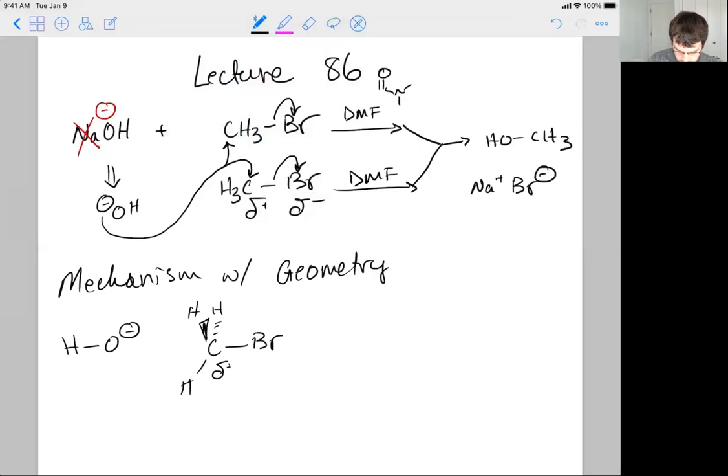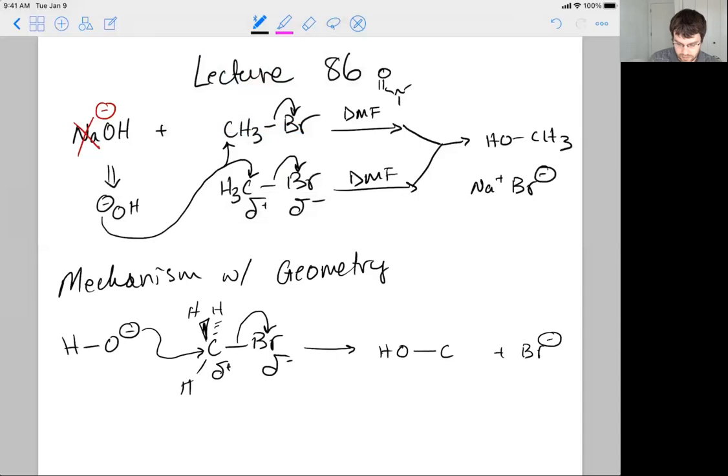Now, the reason why this is helpful is it allows us to see how the reaction's actually proceeding. What's happening here is the OH is attacking the carbon from the opposite trajectory to the one the bromine is leaving from. And as a result, we get this product where the bromine leaves along the same line or trajectory that the oxygen has been adding.